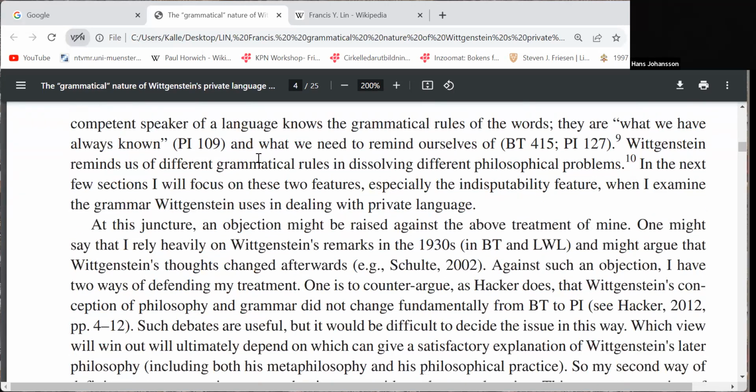They are what we have always known. And what we need to remind ourselves of, Wittgenstein reminds us of, different grammatical rules in dissolving different philosophical problems.